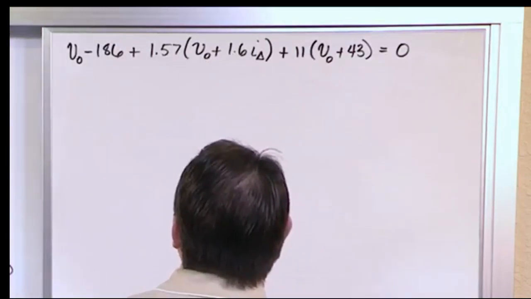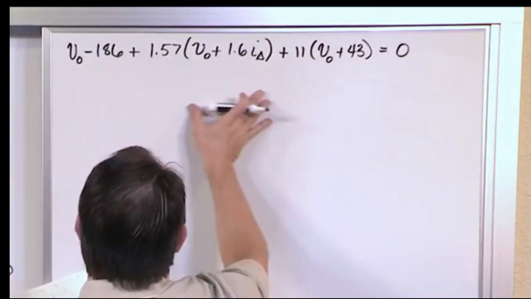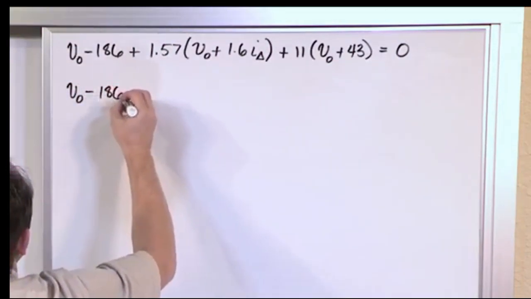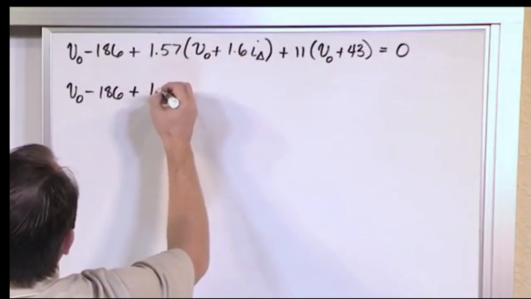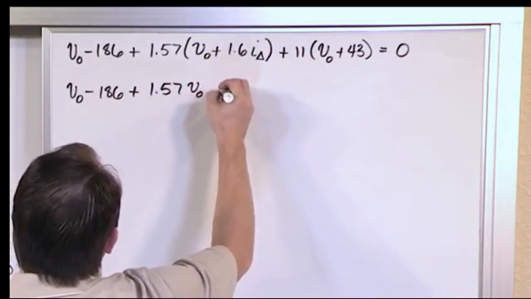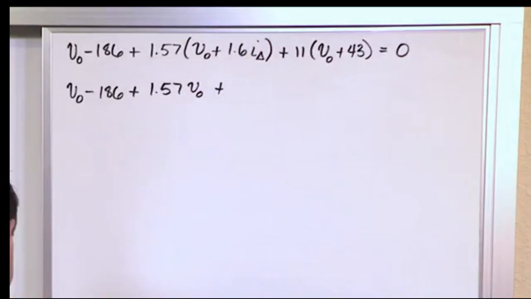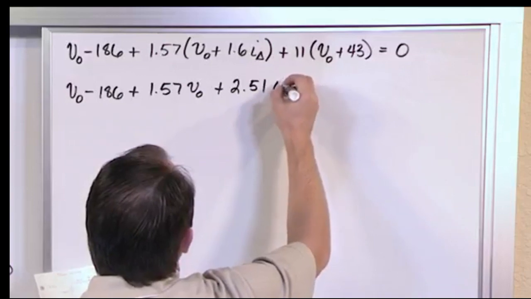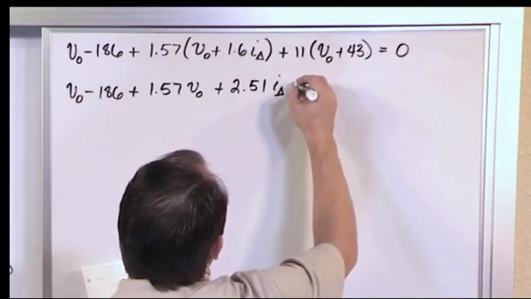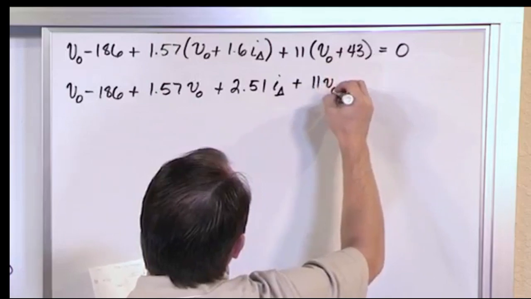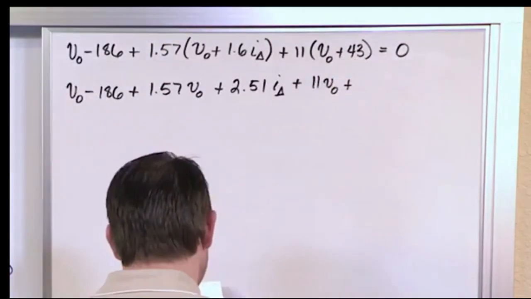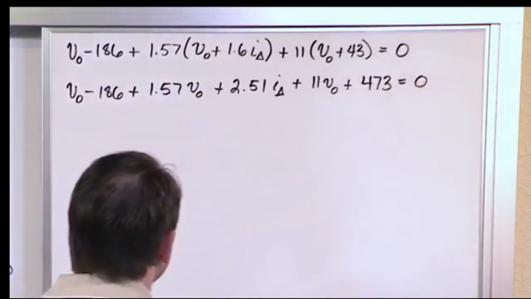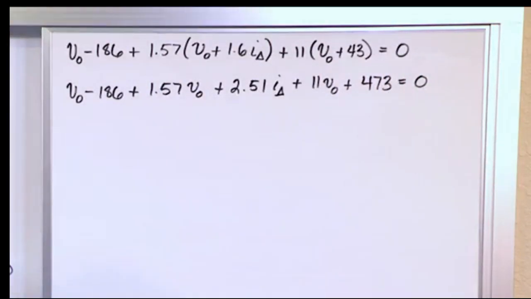So what we'll do at this point is multiply this in and collect terms into something nice. So what we'll have is V naught minus 186, and then plus 1.57 V naught plus, what's 1.57 times 1.6, 2.51 I delta, okay? And then over here, we'll distribute this in, 11 V naught plus 11 times 43 is 473. And that's going to be equal to 0. So now what we need to do is combine terms.